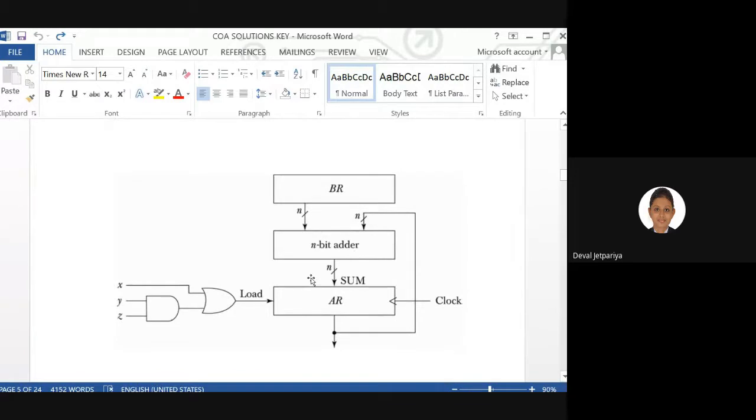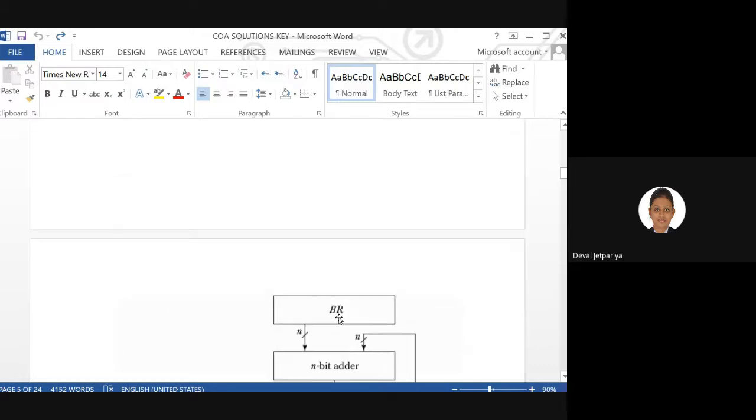See here, address register and BR register, whatever is the data, BR data we are transferring like this, AR data we are transferring like this, and they are reading data over here. And whatever answer we are getting from the memory header, that again we are forwarding to the address register. That sum we are forwarding to the address register.